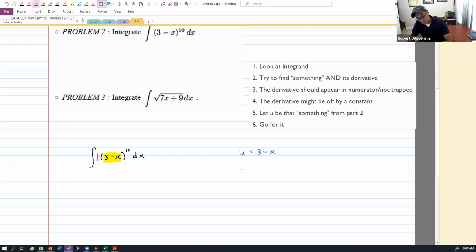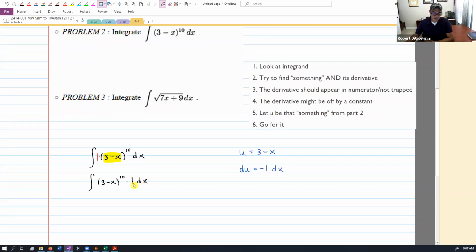Let me go to the next line. I'm going to skip that step where I do du over dx. I'm going to write the derivative of this is -1, and then I'll slap the dx there. One way you could look at this is if you rewrite this and put this 1 dx on the back. You could have imagined there's a 1 right here.